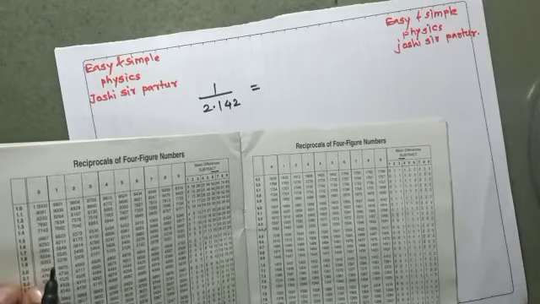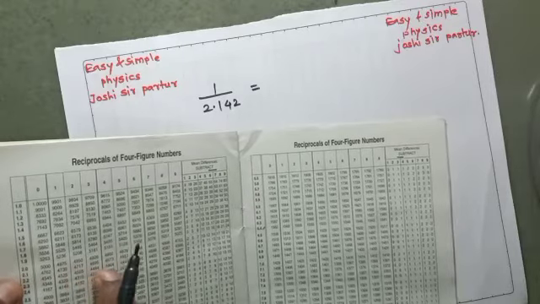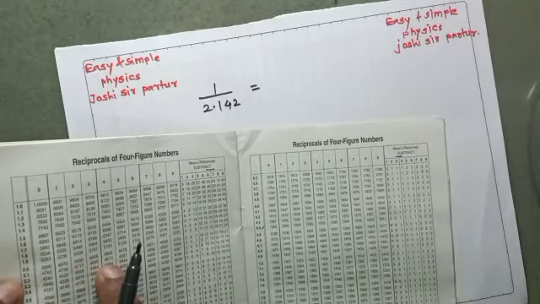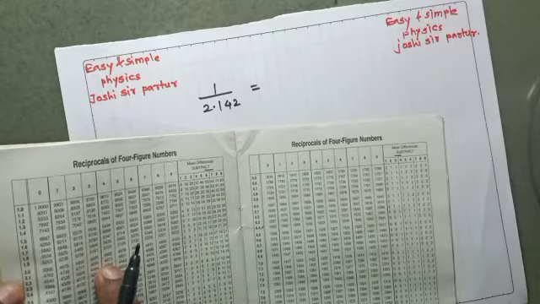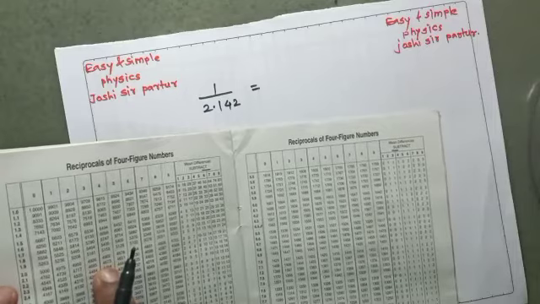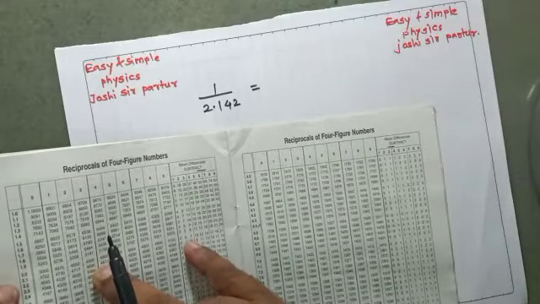So here for 2.1 and 4, it will be 0.4673. So we note 0.4673, and the mean difference for 2 is 5.